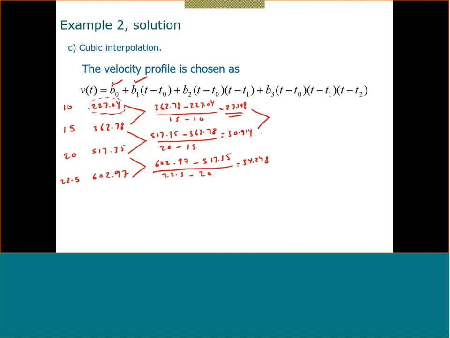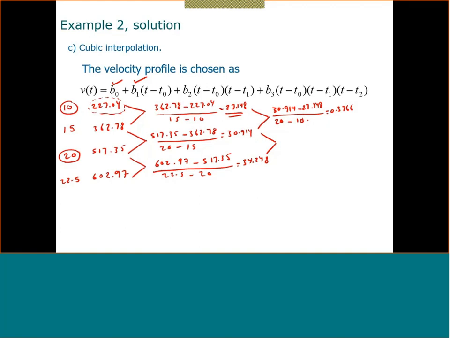Now I will continue. This now becomes 30.914 minus 27.148 divided by, and this is the only thing that you have to pay attention to, 20 minus 10. Why? Because this covers the whole range, which is 20 minus 10, and this will give me 0.3766. This is exactly what I got from the previous step.